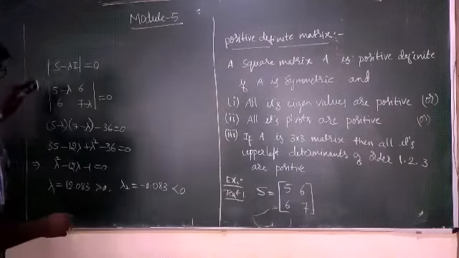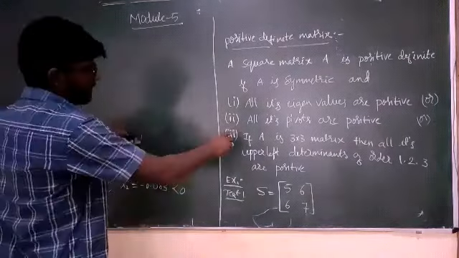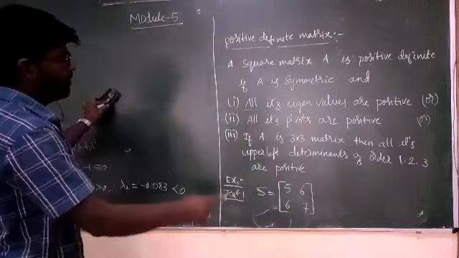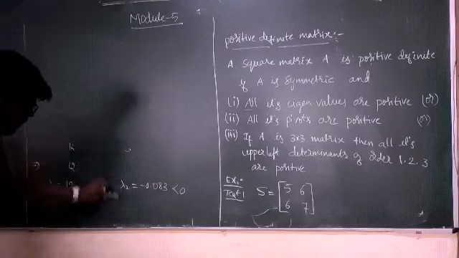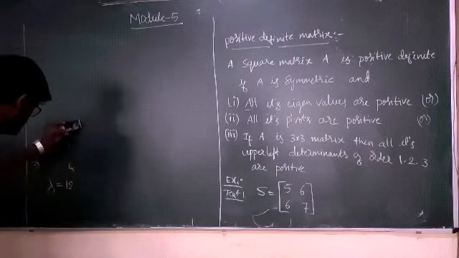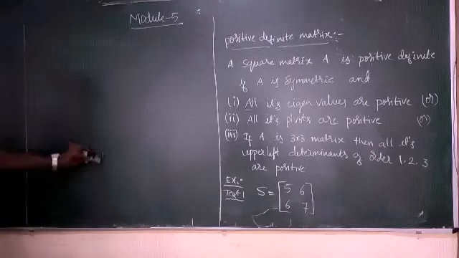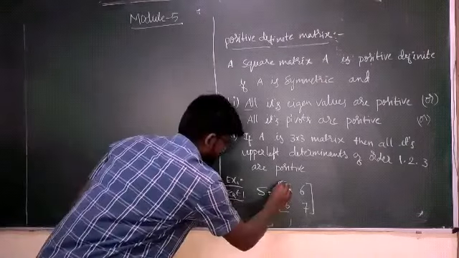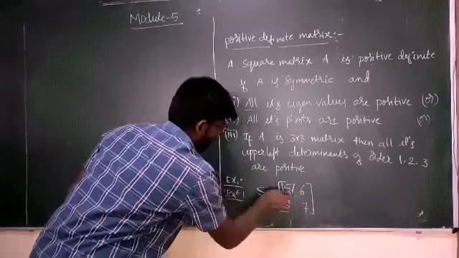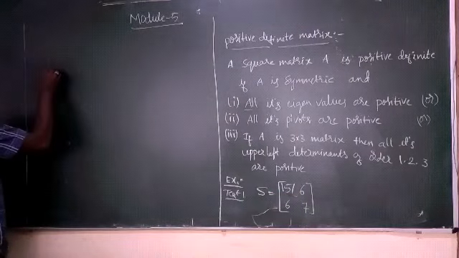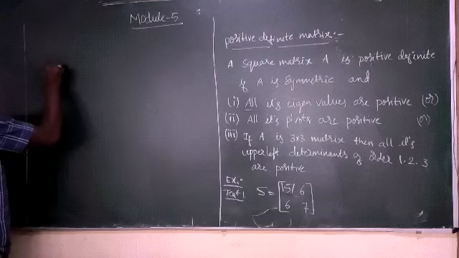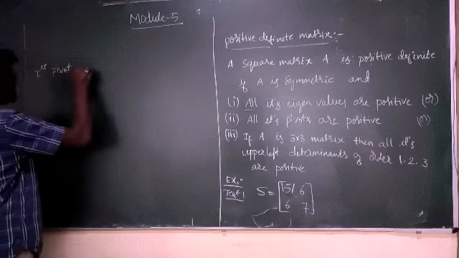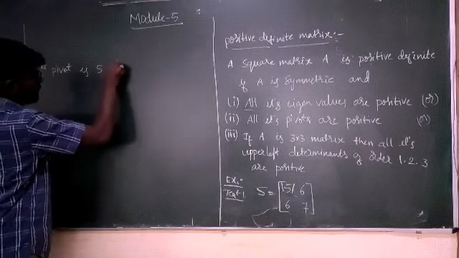For test 2, the pivots are positive and its determinant is positive. Then that matrix we call positive definite. The first pivot of this is 5, which is greater than 0.